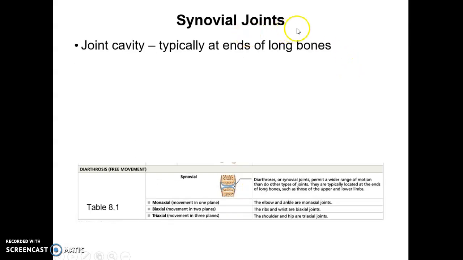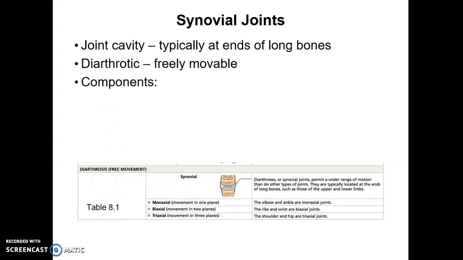And moving on to the freely movable joints, the synovial joints. They are diarthrotic, freely movable or highly movable. They're somewhat complicated joints. They have more things in them. So they have articular cartilage, a type of hyaline cartilage covering the contact surfaces of the bones.